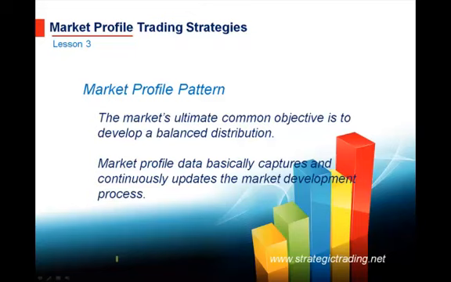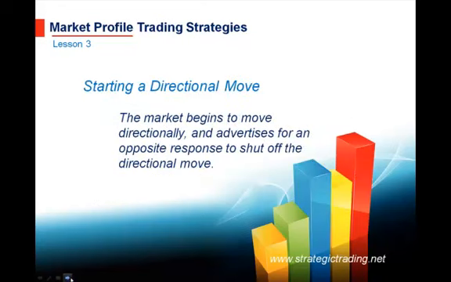So I want everyone in the class, perhaps by the next week or so, if I show you any type of a profile pattern, I want you to be able to tell me right away whether the market is balanced in that distribution or not. That is a very basic, fundamental skill, but it's very helpful. So learn to identify markets that are in balance and markets that are out of balance.